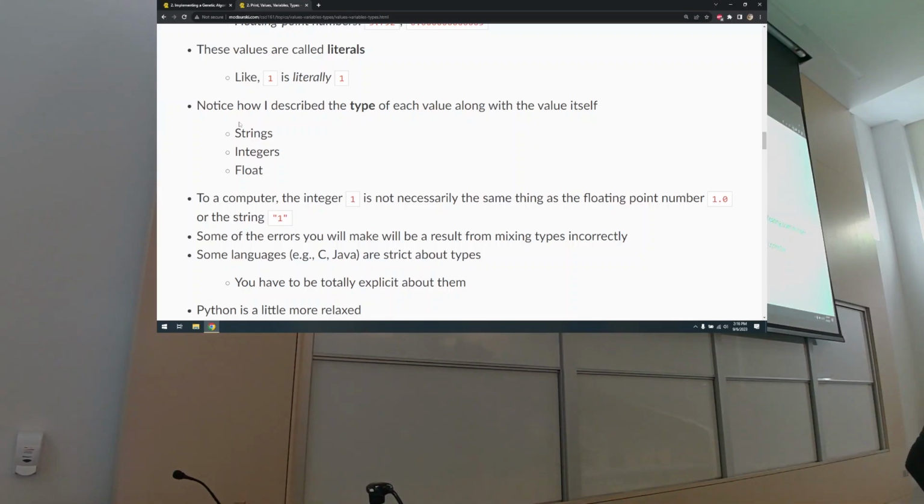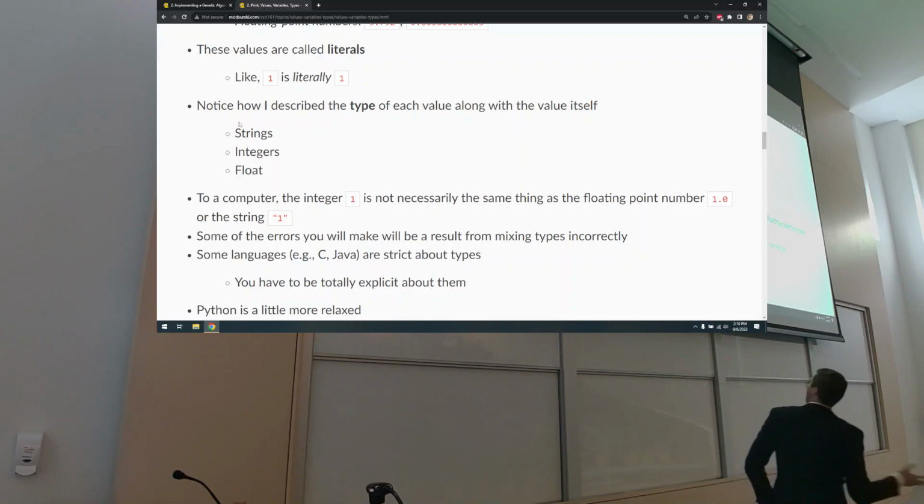This is common. Some programming languages like C, C++, Java, C#, whatever, there's a lot, are very, very strict about types. Python, it's strict about types, but it gives you a little bit more flexibility.